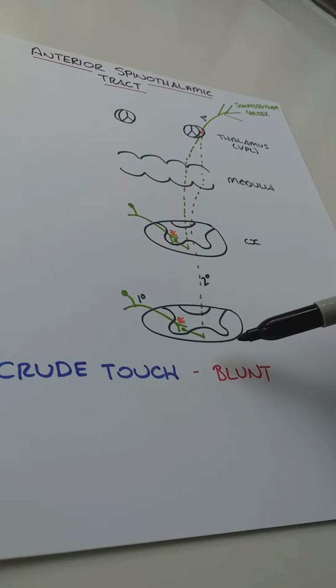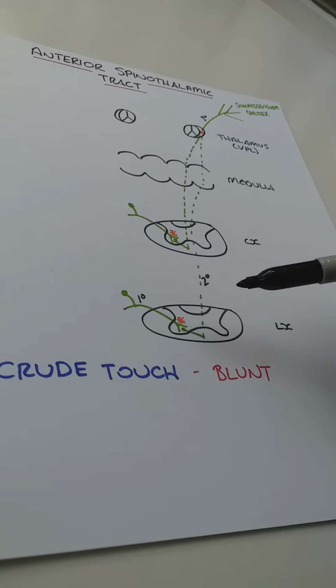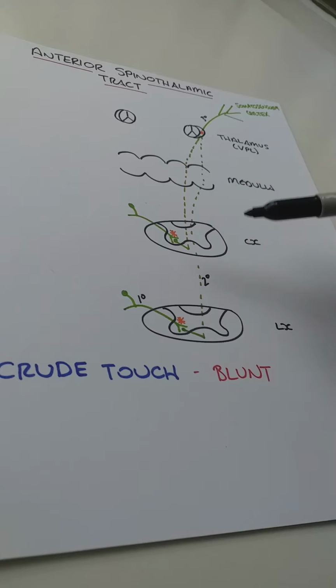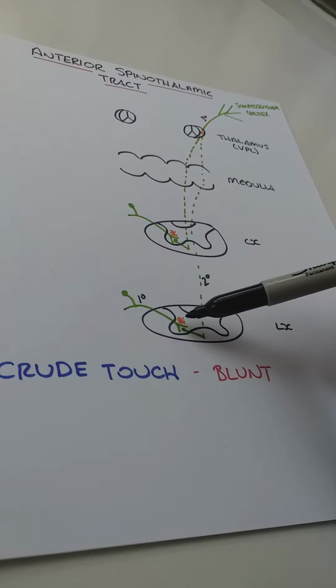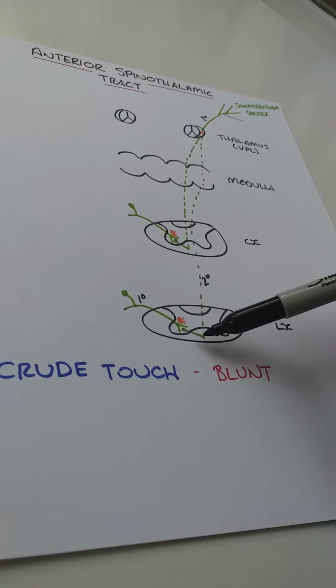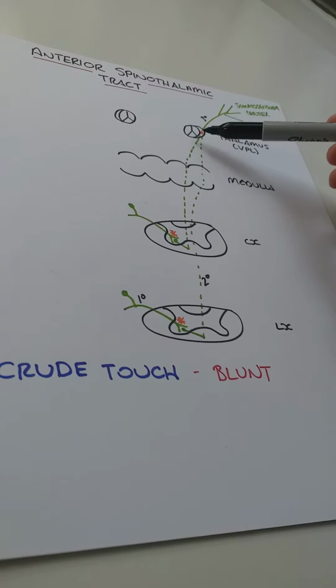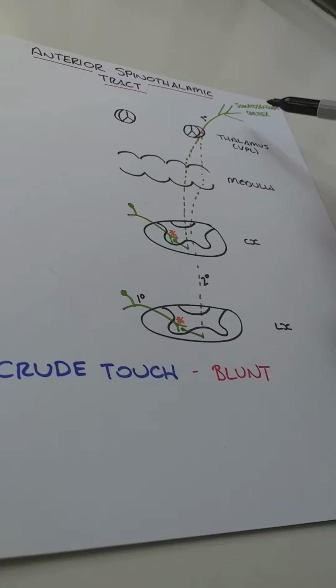So it takes the same path, but it does not decussate at the medulla. So it comes in, synapses, decussates in the anterior white matter, ascends up to the thalamus, synapses again, third order neuron, whoosh to the somatosensory cortex.